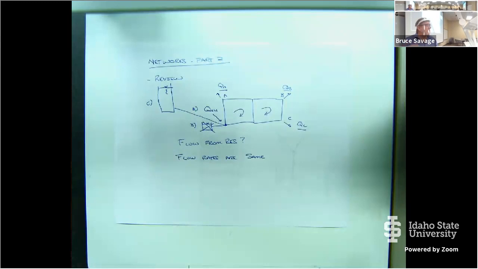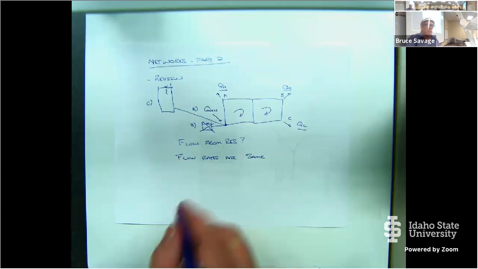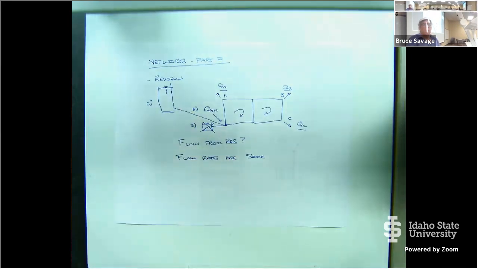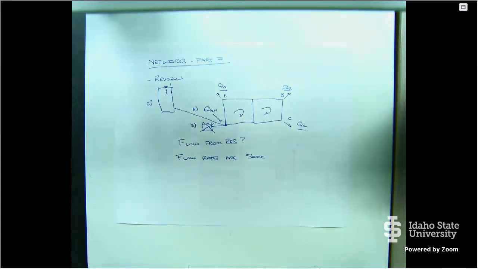Because the flow rate going out is still the same thing. I can't shove more flow in my network just because I have more pressure or a bigger reservoir at the inlet side. But what does that change? What would that change within my pipe network if I went from a small little reservoir here to a great big deep reservoir? Your minor losses.